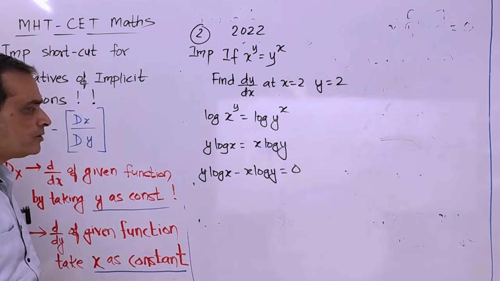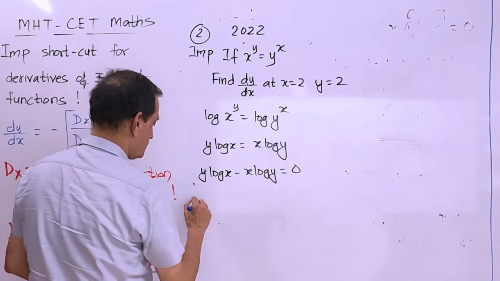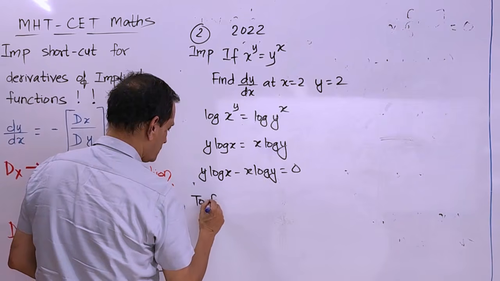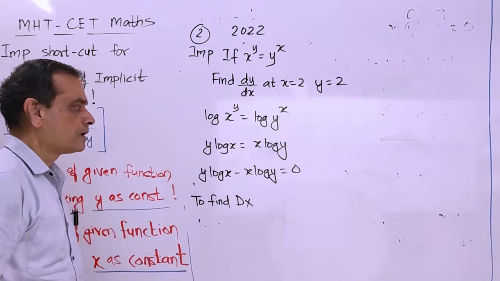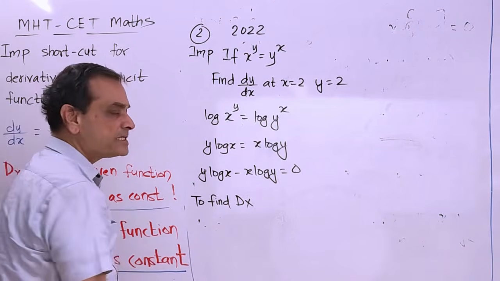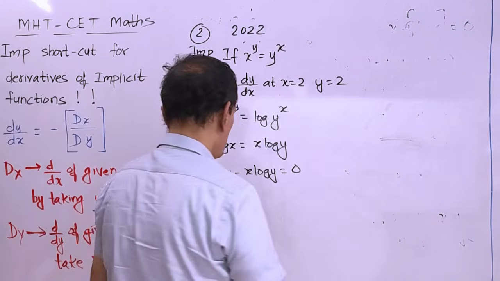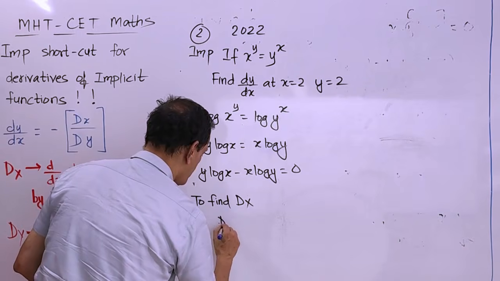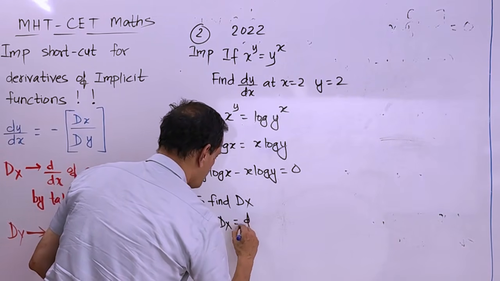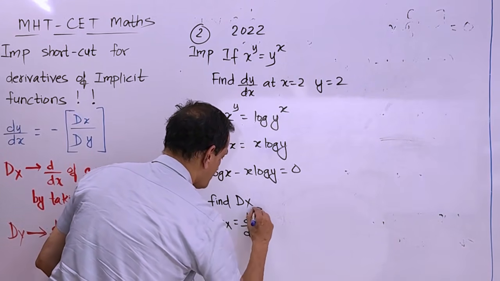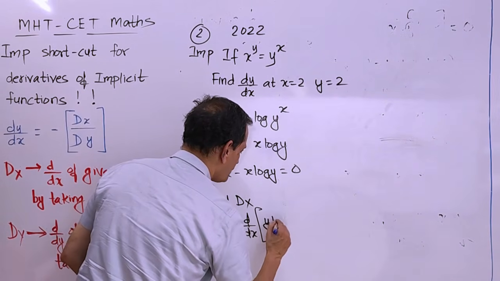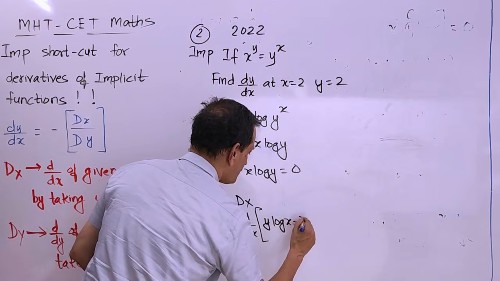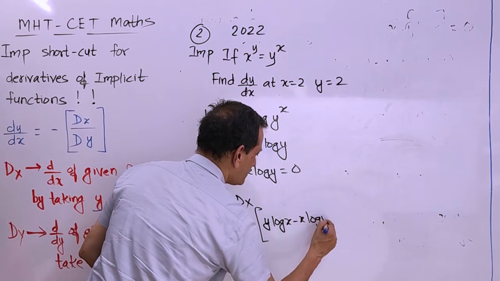So we are going to use this method now. So we want to find out dx now. Derivative of this, dx means d by dx. Okay. So let us write here: y log x minus x log y.